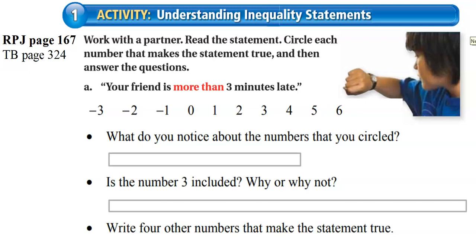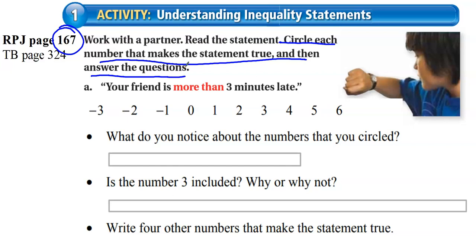So there's an activity in your record and practice journal that you should go ahead and do. It's on page 167. So get your record and practice journal. And basically what you're going to be doing is circling each number that makes the statement true, and then you're going to answer the question. So notice the first one says, your friend is more than 3 minutes late.